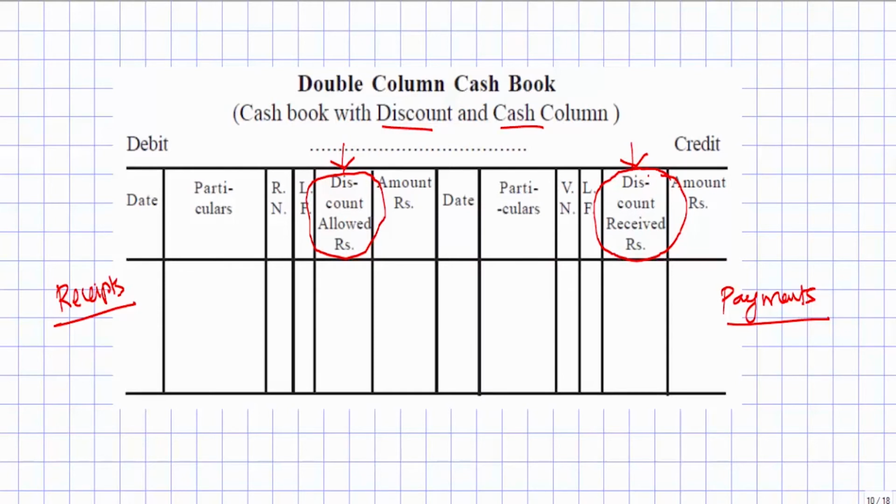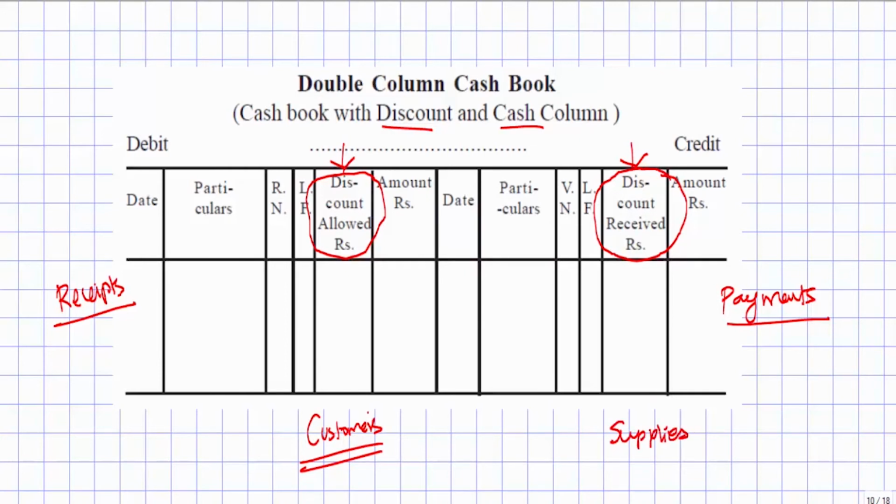So discount allowed is shown on the debit side and discount received is shown on the credit side. So this cash book is also like any other ledger account, and here the discount column on each side is merely totaled. The total of the discount column on the debit side shows the discount allowed to customers. This is nothing but the discount which is allowed to the customers, and this is nothing but the discount which is received from the suppliers.